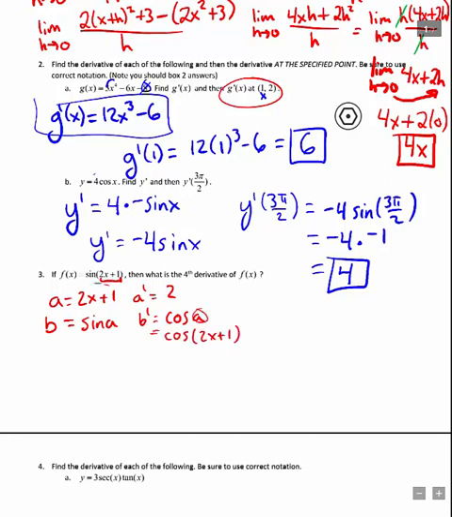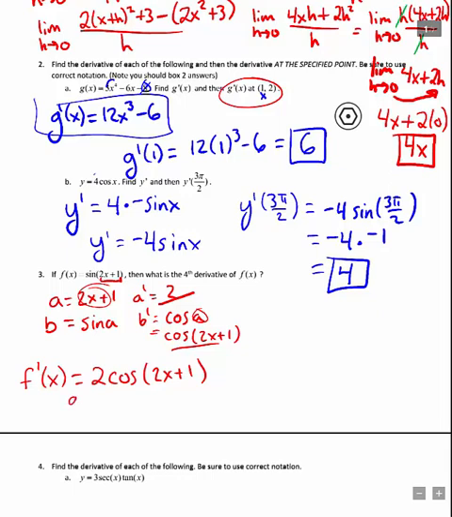A is 2x plus 1. So we multiply those together, and we get f prime of x will equal 2 times cosine of 2x plus 1.